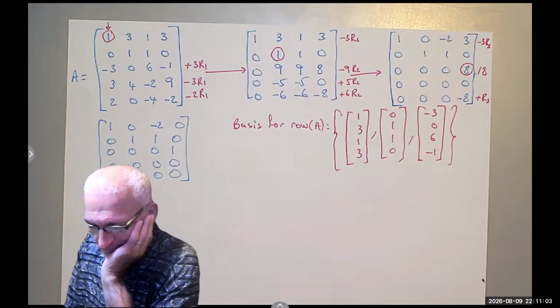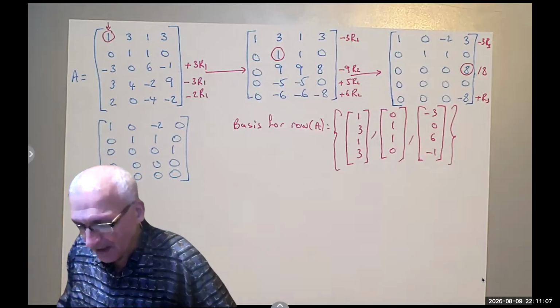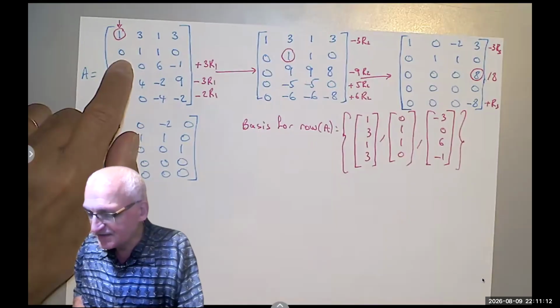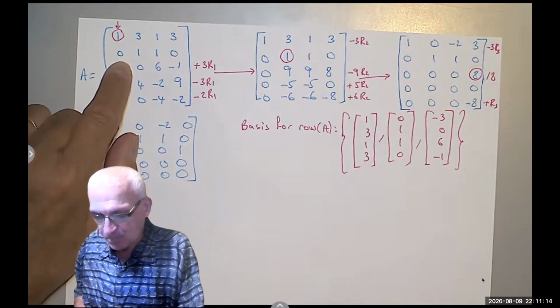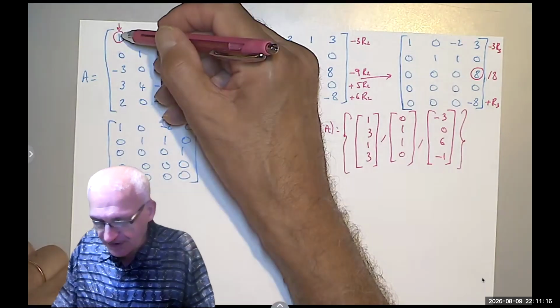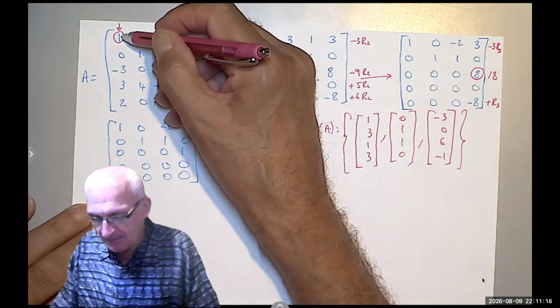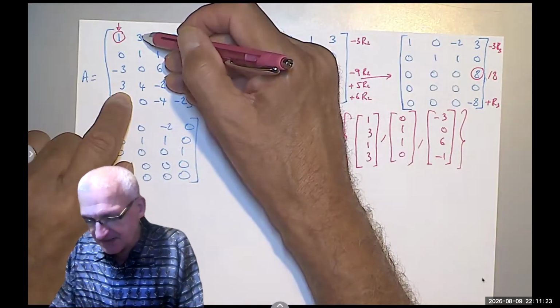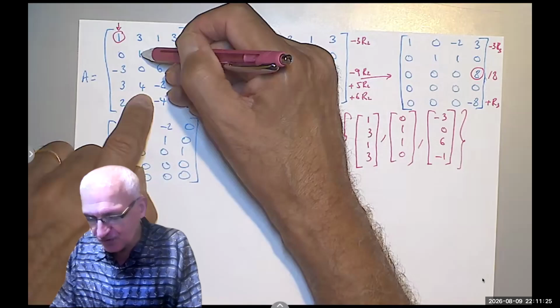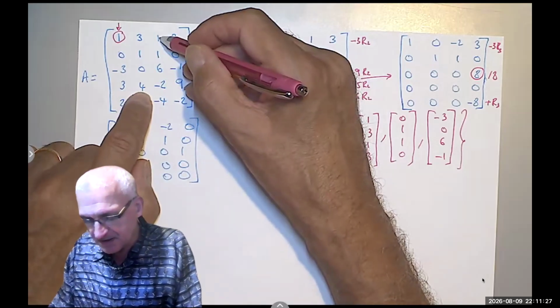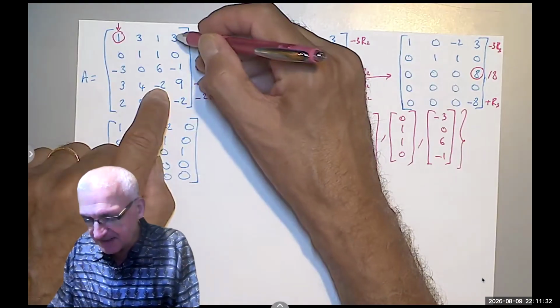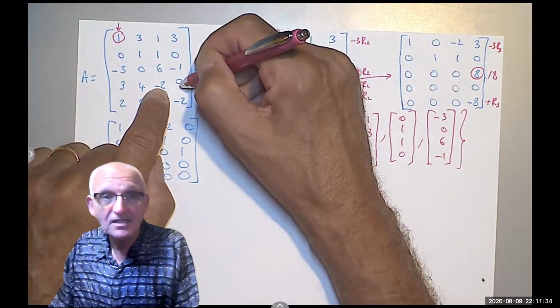If you multiply the top by 3 and then subtract 5 times the second, so 3 times 1 is 3, minus 0 is 3. 3 times 3 is 9, minus 5 times 1 is 4. 3 times 1 is 3, minus 5 is -2, and 3 times 3 is 9, minus 0 is 9.